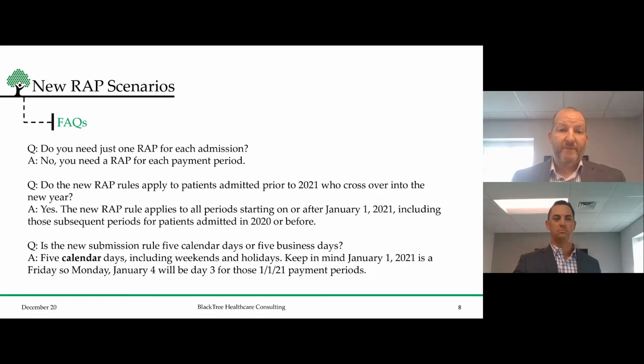You're going to have Saturday and Sunday, the weekend. That Monday, January 4th, is actually going to be day 3 for those 1/1/21 payment periods. So right off the bat, we're going to have to get those RAPs out the door as soon as possible, since we will be on day 3 for those periods that start on 1/1.